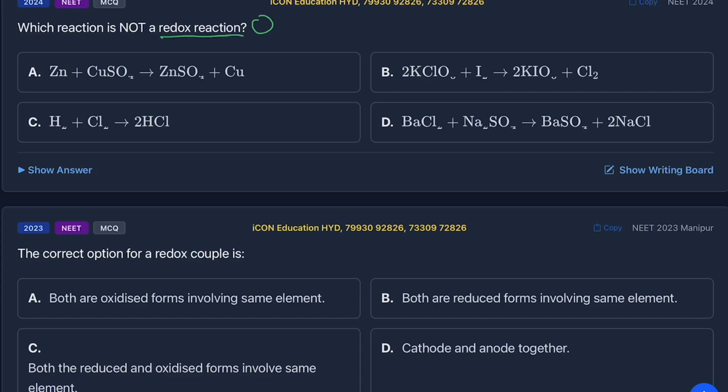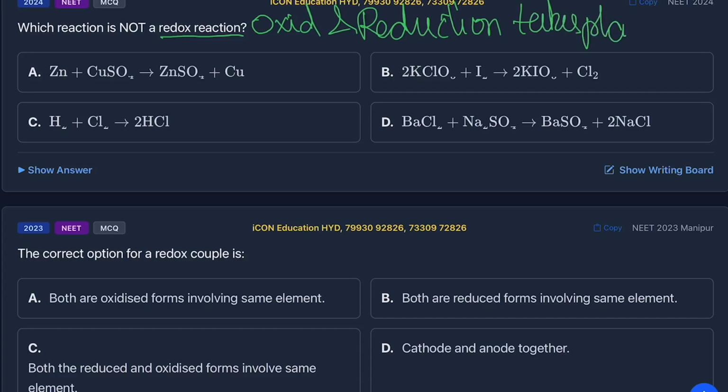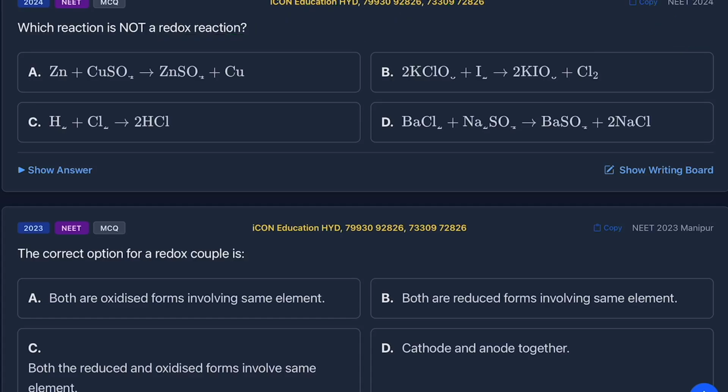In this, oxidation and reduction take place simultaneously. This is called a redox reaction. Okay. So which reaction is not a redox reaction? They are asking.